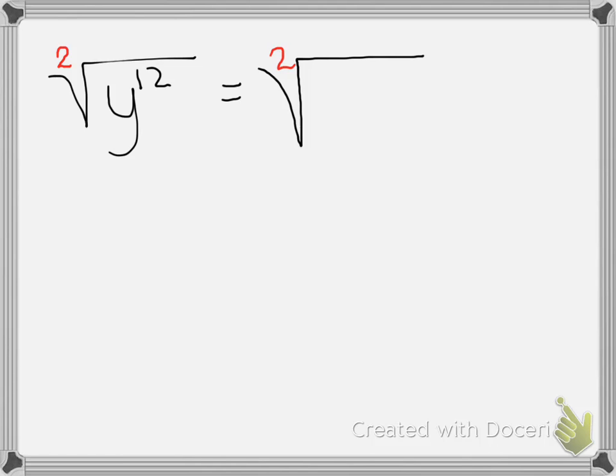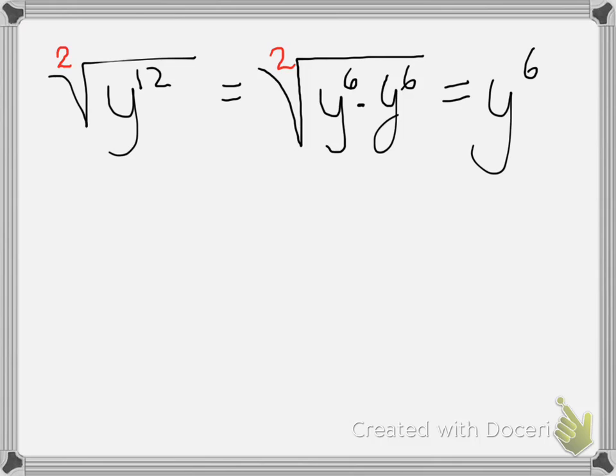Remember, it's understood that if there's just a radical, it's a 2. So I'm looking for something in here that I can multiply twice. Well, y to the 6 times y to the 6 is y to the 12th. So that means it must be y to the 6.